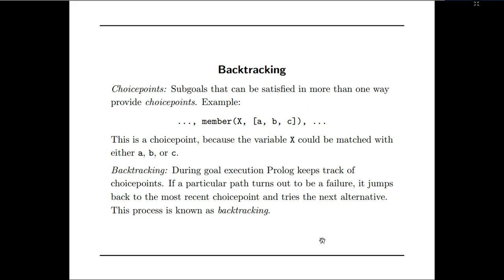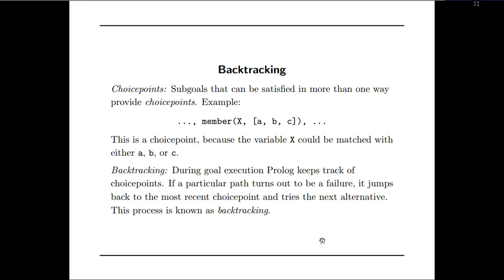Basically it uses choice points, that means sub-goals that can be satisfied in more than one way. For example, member(X, [a,b,c]), where a list is supplied. Here this is a choice point because the variable X could be matched with either a, b, or c. That means you check whether the given variable matches a, b, or c.